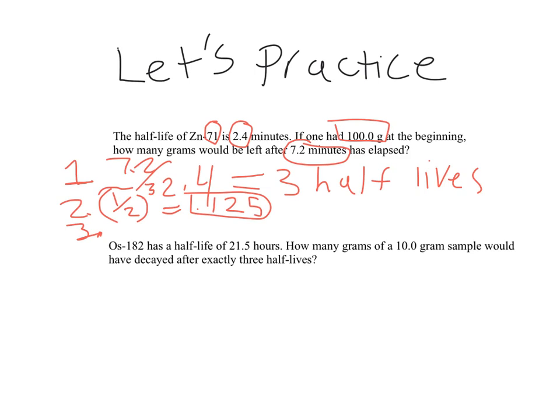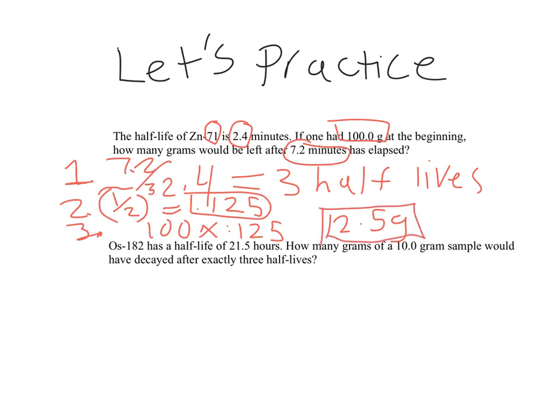The easiest way to do this is we just take 100 grams and multiply that times 0.125. I'll do that on my calculator really quick. Pretty easy calculation here: 100 times 0.125, and we get 12.5 grams left after 3 half-lives. Okay, so that's one type of equation we'll do.